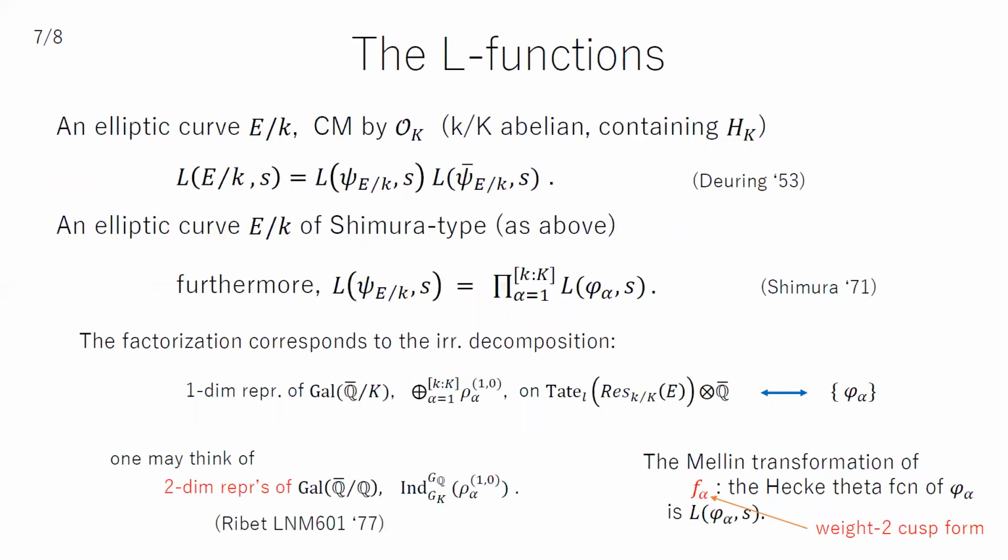So I've already introduced the notion of elliptic curves of Shimura type. We can go back to the question of what kind of L function those varieties have.